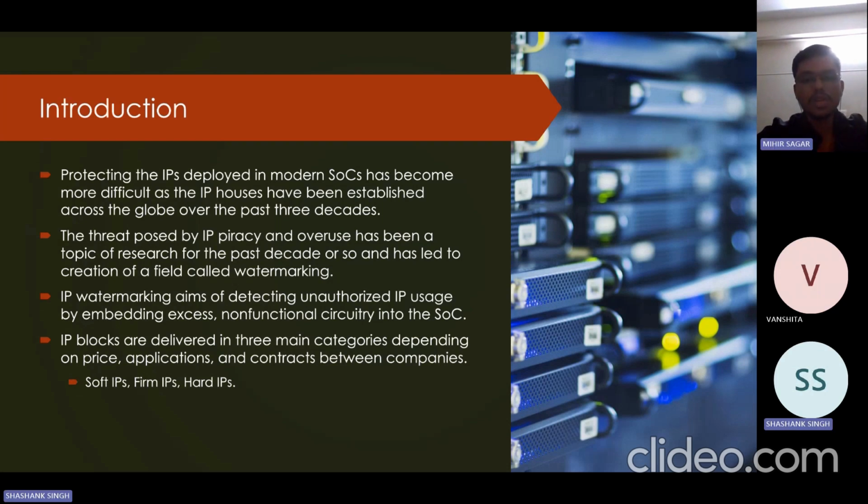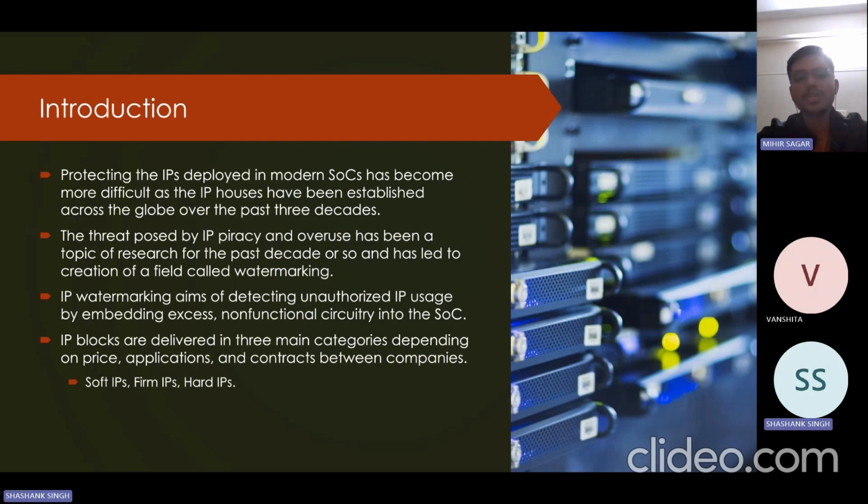IP blocks are delivered in three main categories depending upon the application. It can be mainly categorized into three divisions. The first is soft IP, then firm IP, then hard IP. Soft IPs are delivered in the form of synthesizable hardware description language code, that is, the HDL code.